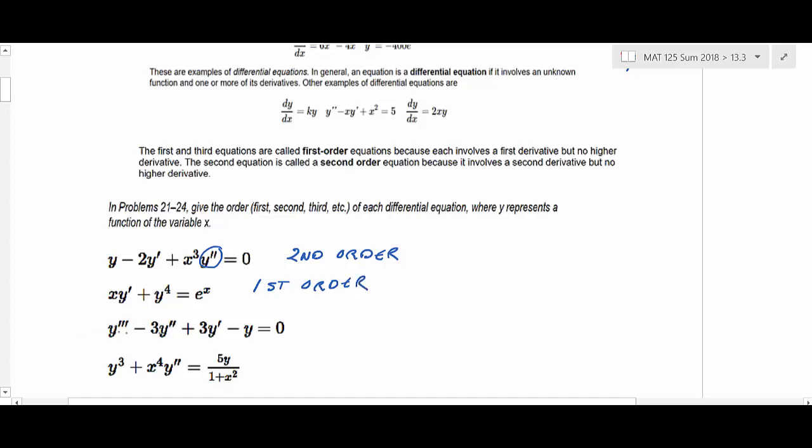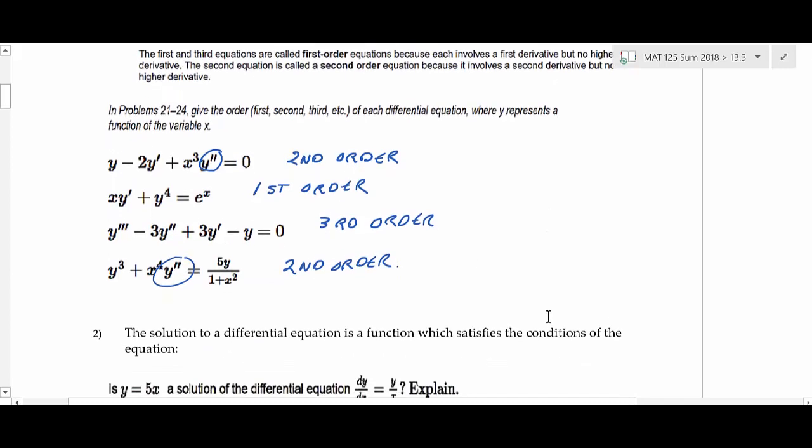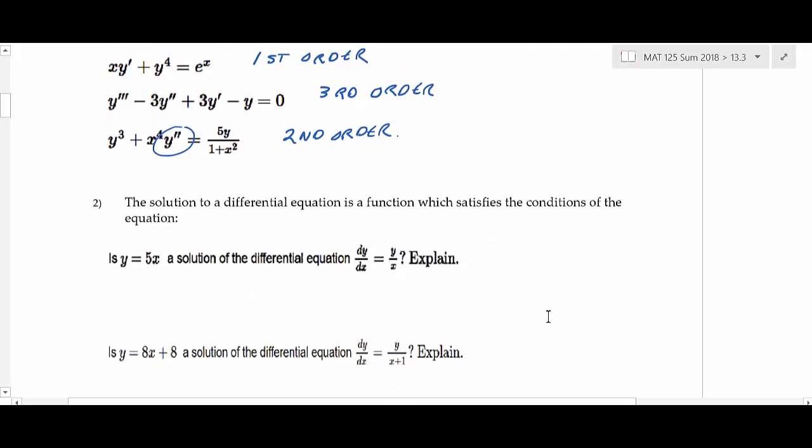This one has a first, a second, and a third, so this would be a third order differential equation. And the last one, the highest derivative is right here, so that would be a second order differential equation. Okay, any questions about that? That's just terminology that you want to know.